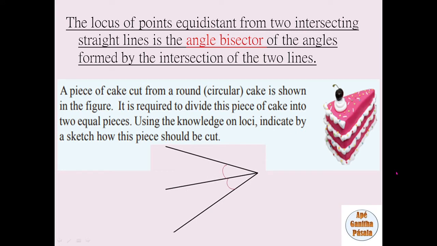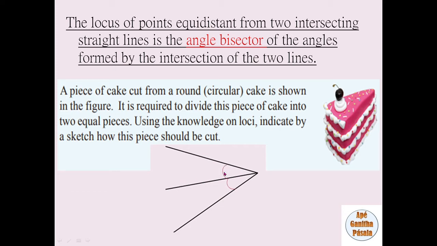Let's take an example for that. Here, can you see this piece of cake? It looks like an angle. We want to divide that cake into two equal parts. That means if that is an angle, you have to draw the angle bisector.